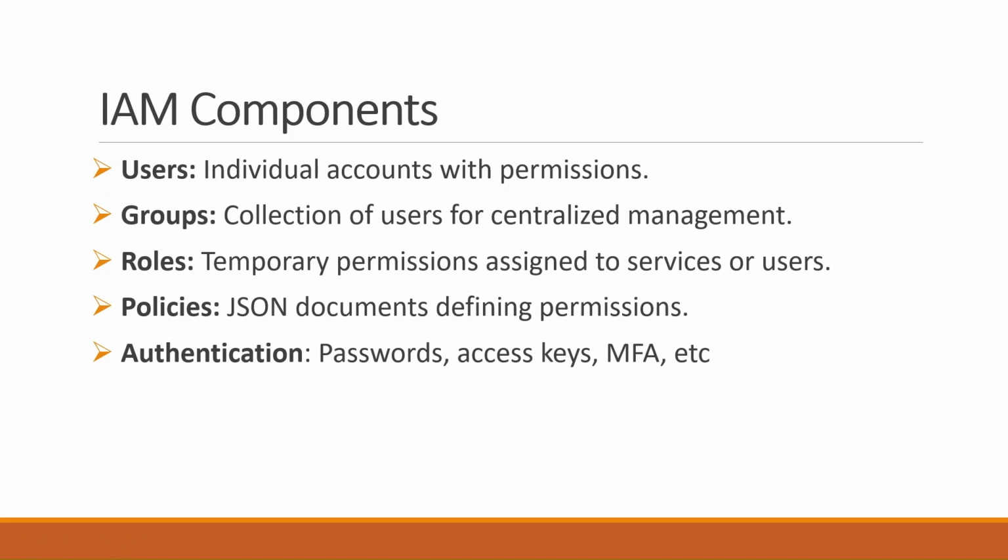For example, a policy can say this user can only read the data from the example S3 bucket, which is the name of the bucket. He can only access the data, but he does not have permission to delete the data present in the example S3 bucket.